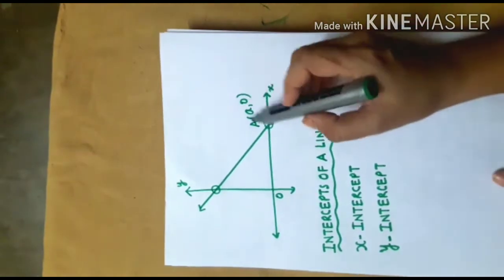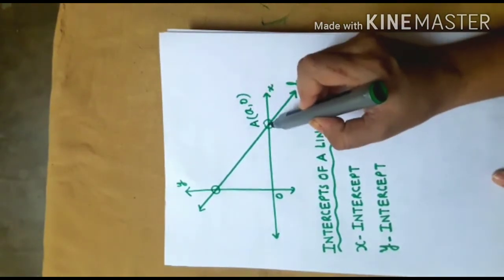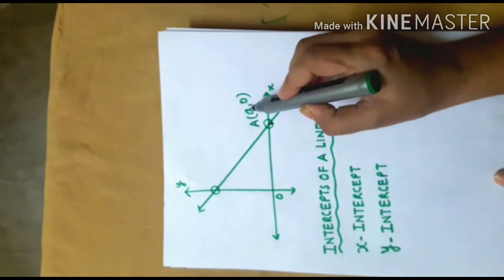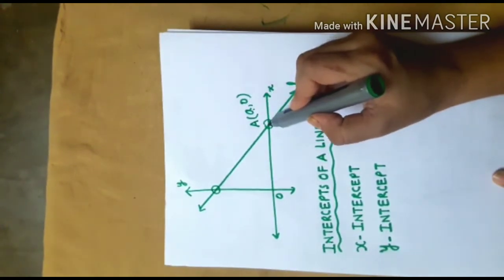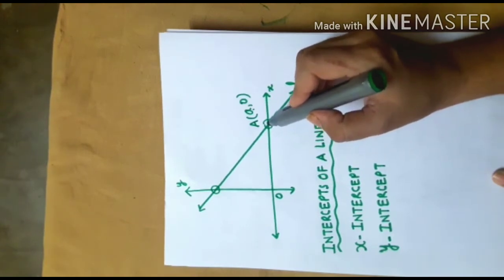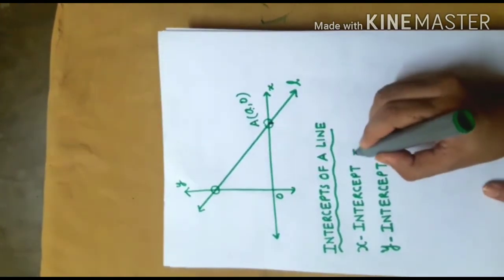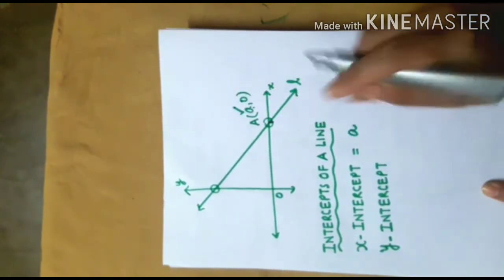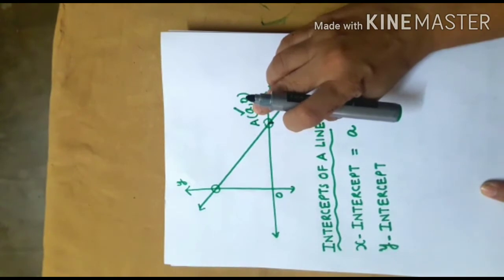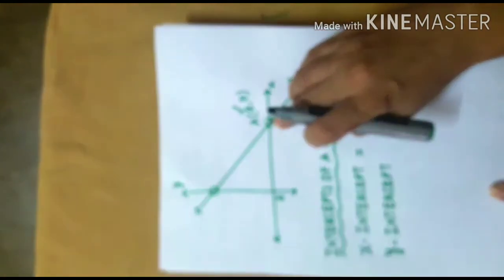So here the line intersects the x-axis at the point a comma 0. This is called the x-intercept of the line, and we write x-intercept is equal to a, the x-coordinate of the point where the line intersects the x-axis.